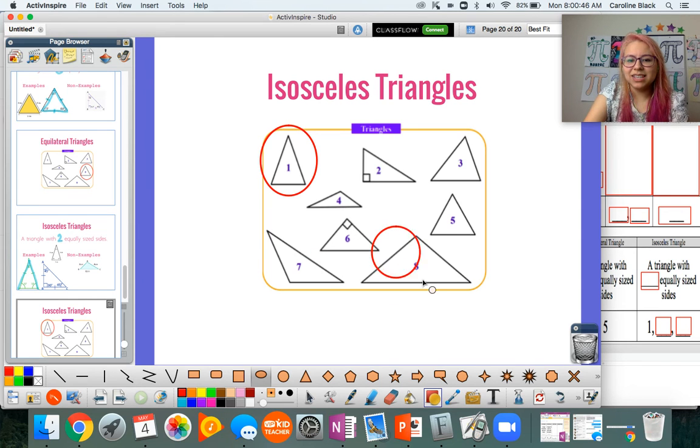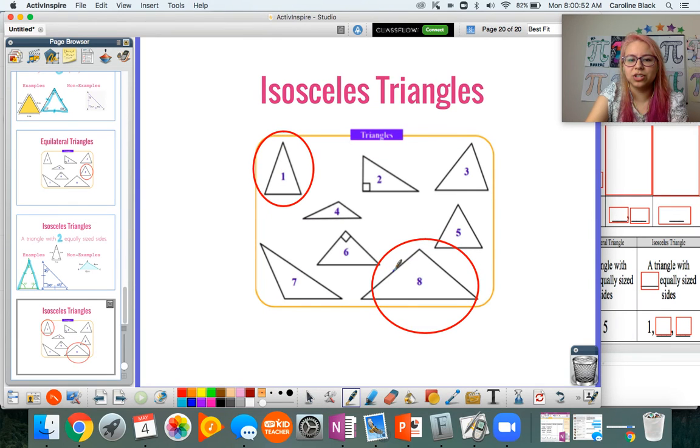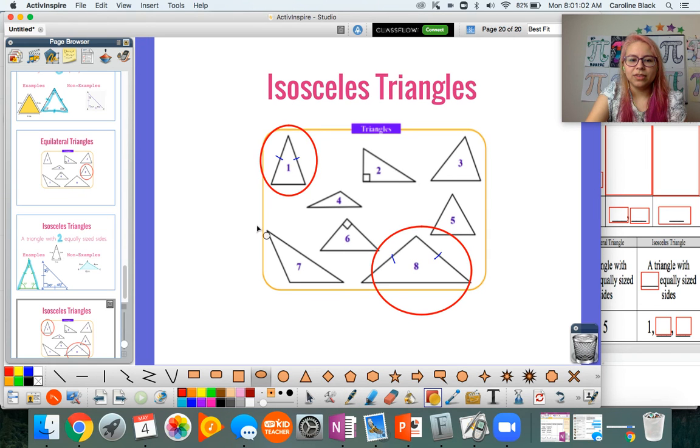Eight. 8 is an isosceles triangle. Let's write the tick marks so that we can know that for sure those are equal lengths. And then number 7.